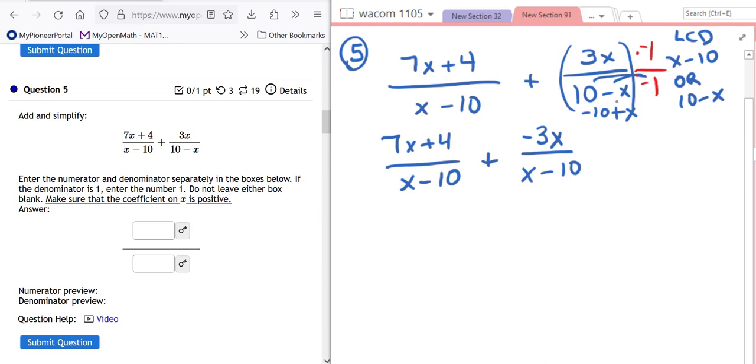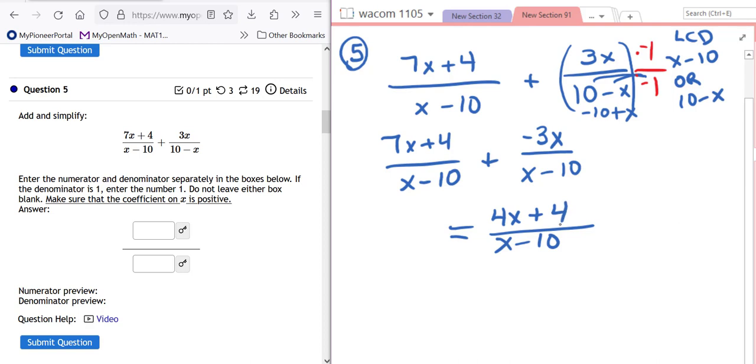That's all you needed to do to make it match this one. All right, but remember, you also had to do it to the numerator. All right, now you keep the common denominator and combine numerators. So we have 7x minus 3x is 4x plus 4.